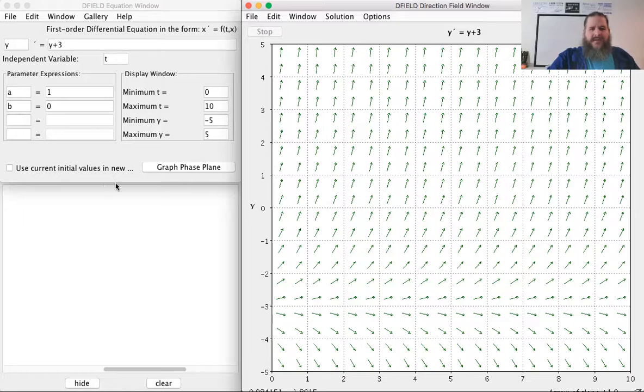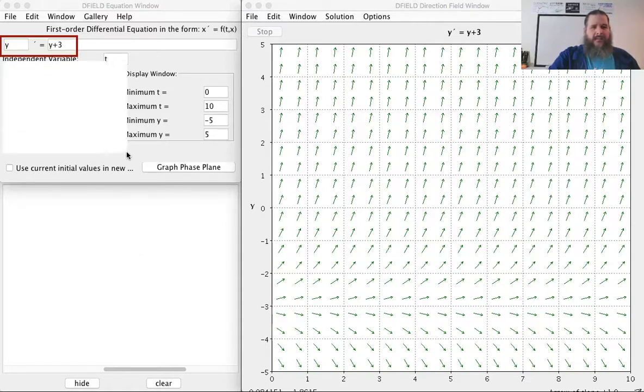And we can also see that from the original differential equation itself. If y prime equals y plus 3, once again, how do we find an equilibrium solution from the differential equation itself? You set it equal to 0? Yeah, specifically, we fill in 0 for y prime.